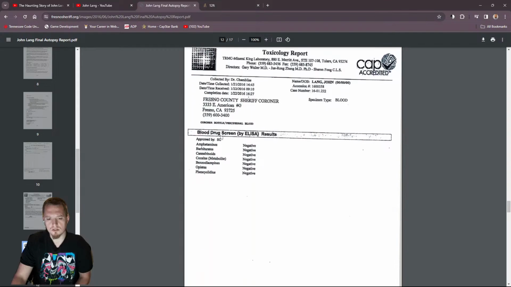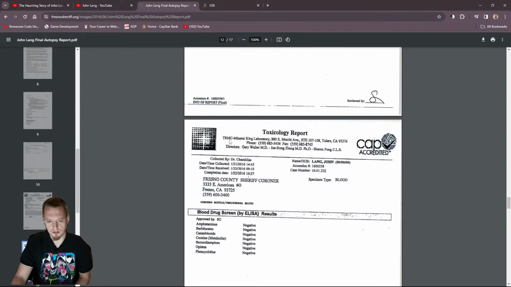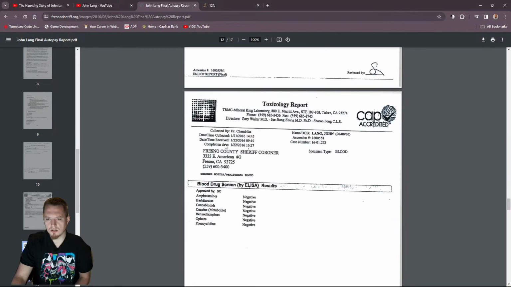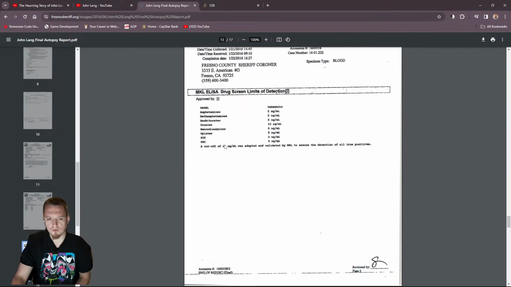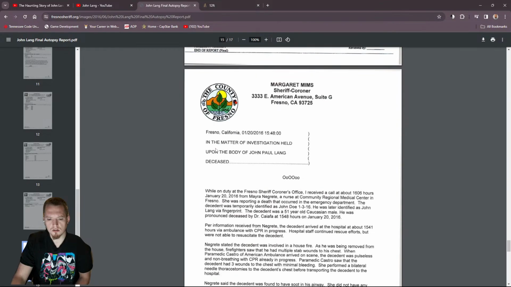Because this doesn't seem to say anything about negative for all drugs, right? At least listed. This doesn't seem to say anything about back wounds.